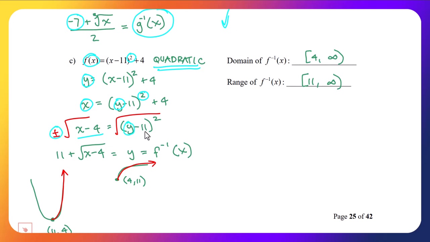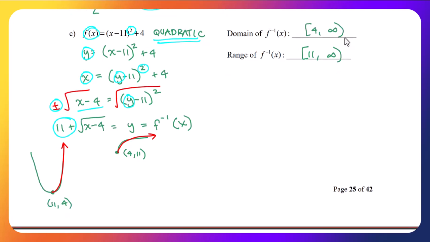And then to get y by itself, I add 11. Well, since it's an even degree, I want this to be 1 to 1, so it'll be invertible, so I restrict the domain. So this parabola down here, if you remember, is a parabola with its vertex set to the right 11 and up 4.